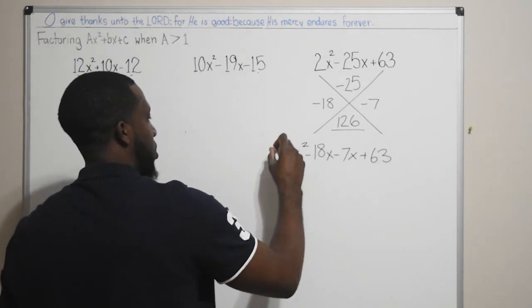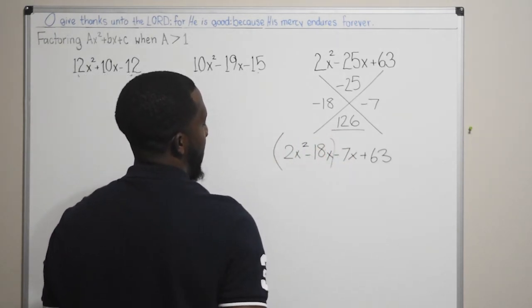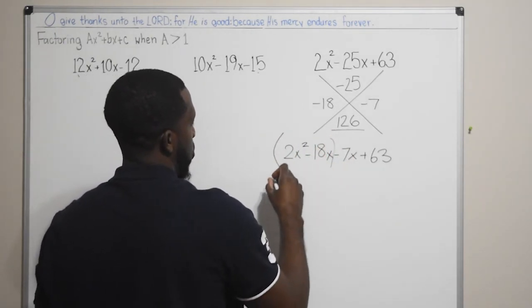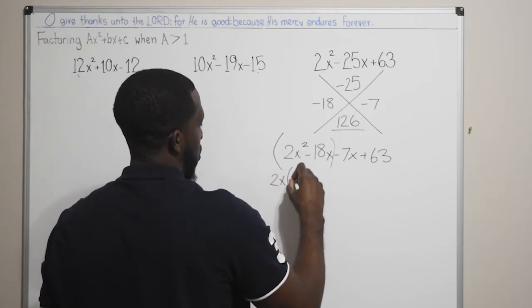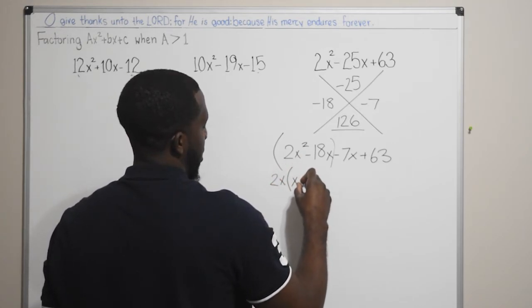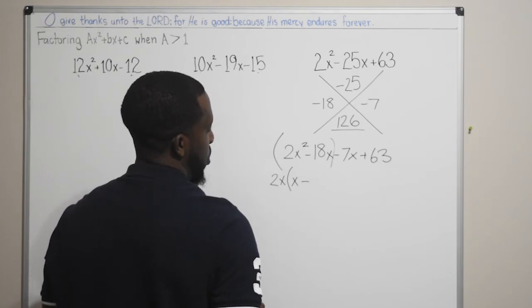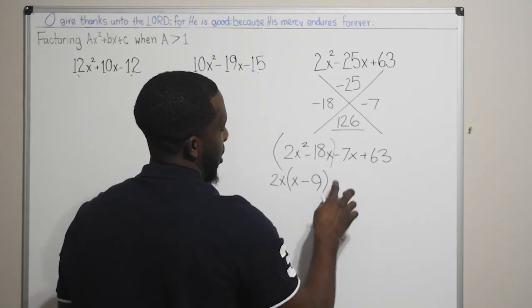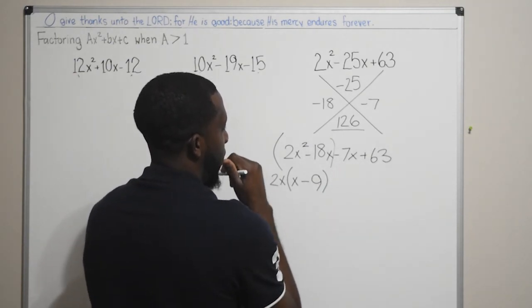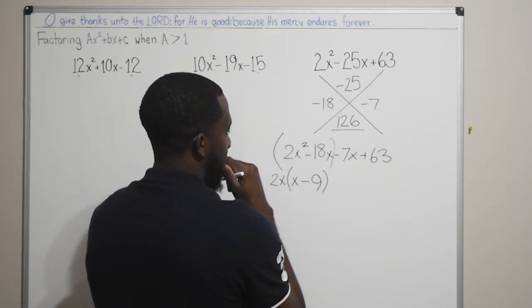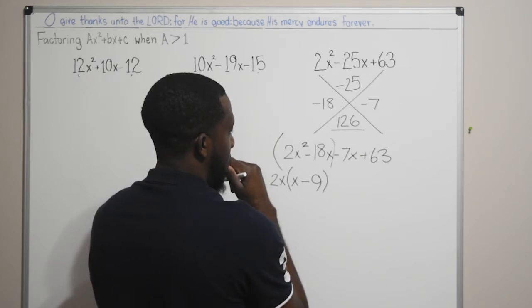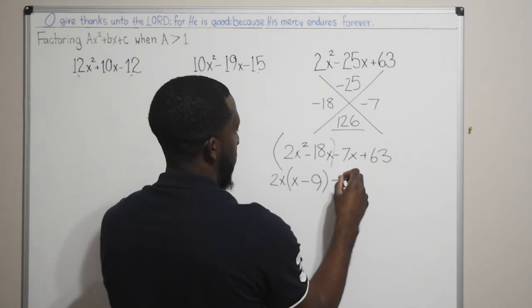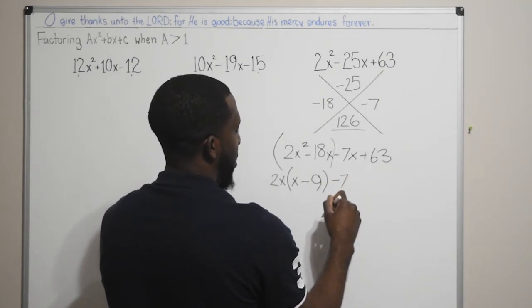Okay, so now we just group them together. And I'm gonna pull a 2x out of here. And so I'm left with x. And then, let's see, that's going to be 9. And right here, I'm gonna pull out a negative 7.